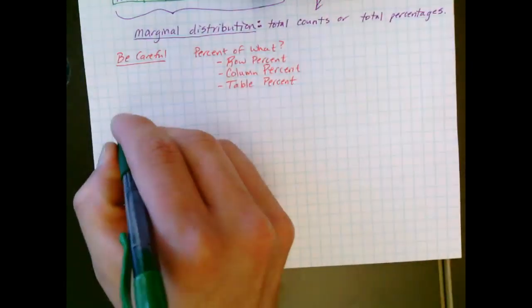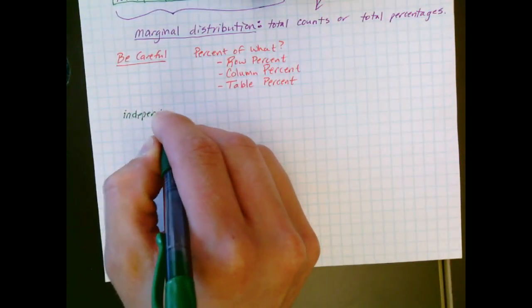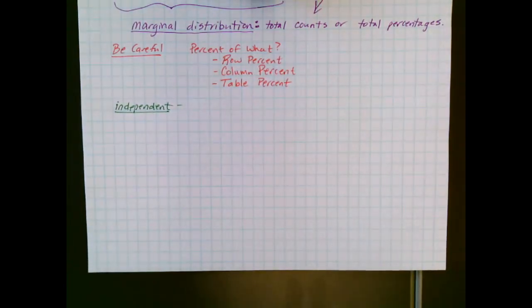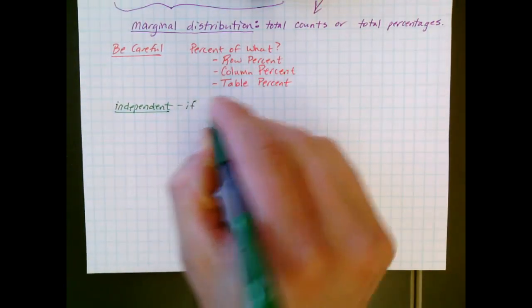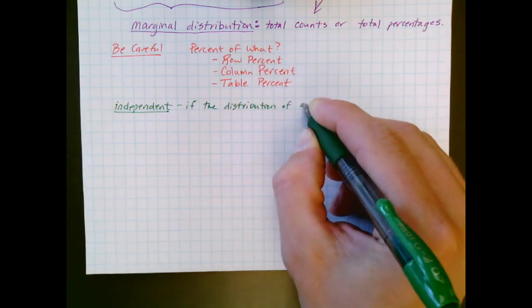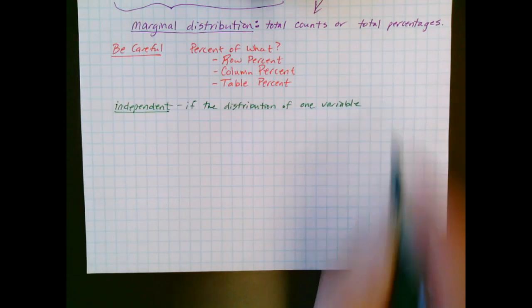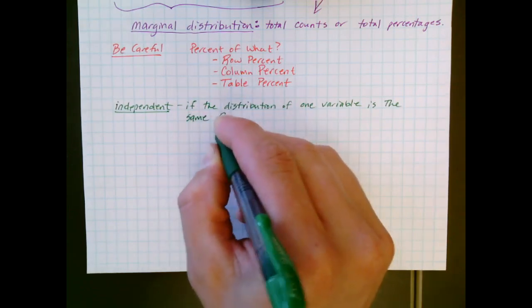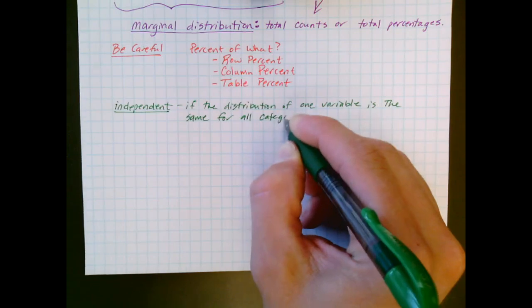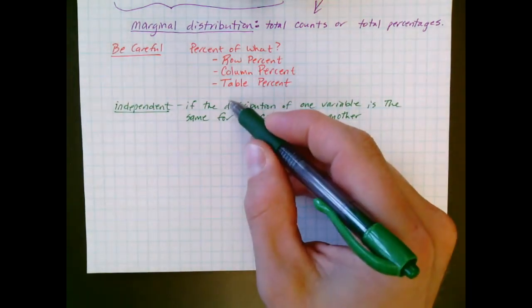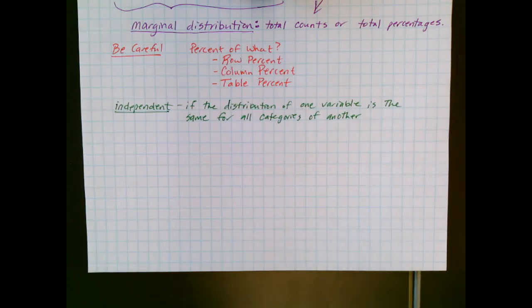Alright, so independent. And so we'll say if the distribution of one variable is the same for all categories of another, if that's true, we'll say that those variables are independent of each other and that there is no association between them.